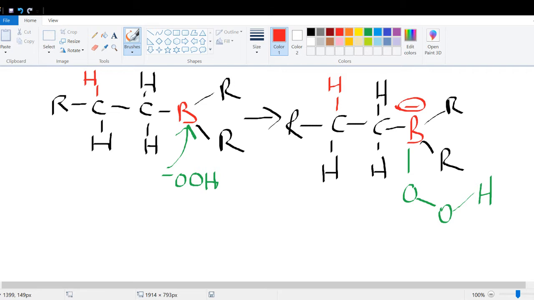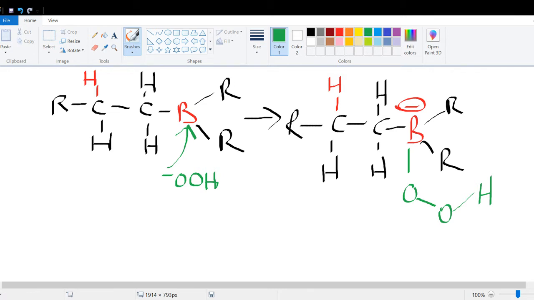So it's going to start rearranging and moving stuff around. I'm just going to show it as a picture and see if it makes sense.